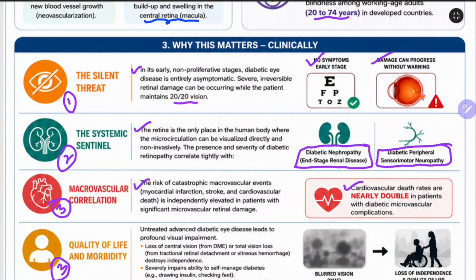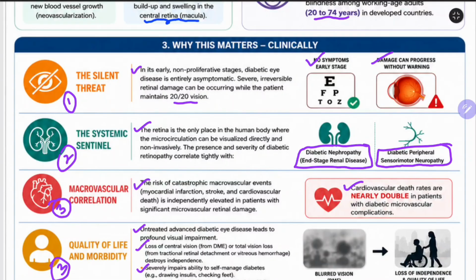Third is quality of life and morbidity. Untreated advanced diabetic eye disease leads to profound visual impairment, loss of central vision seen in diabetic macular edema, or total vision loss from tractional retinal detachment or vitreous hemorrhage that destroys independence.